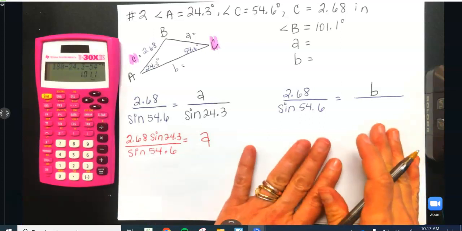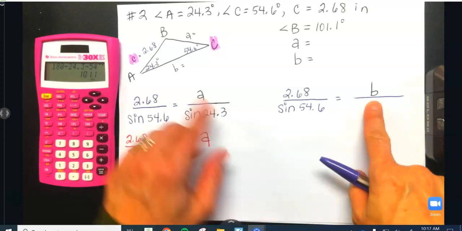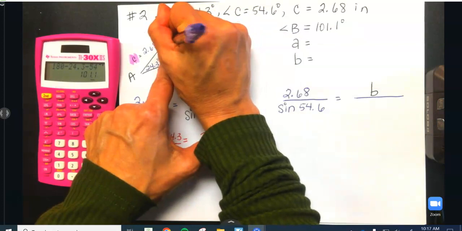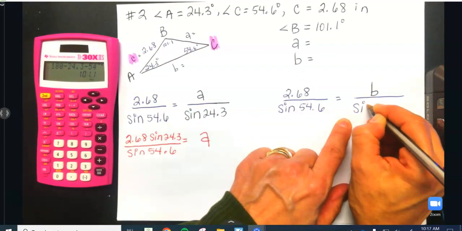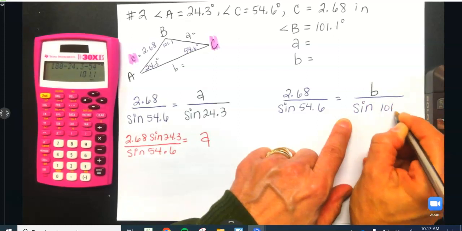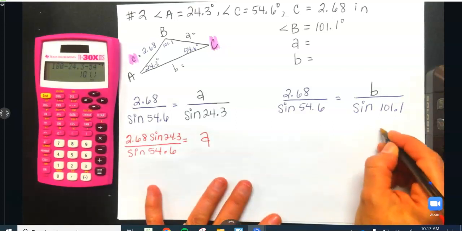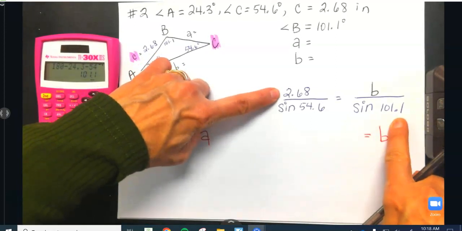Let's look over here. Let's find angle B. Where's angle B? It's up here. Oh, remember we found it. It was 101.1. So let's write sine 101.1. So calculator ready for leg B. We're going to multiply these two together.